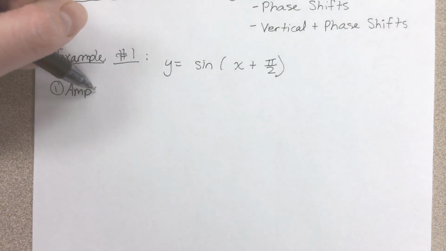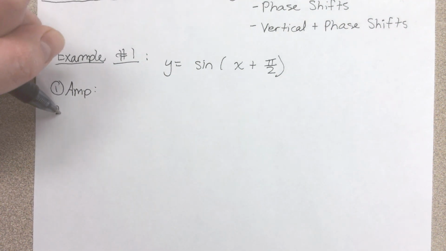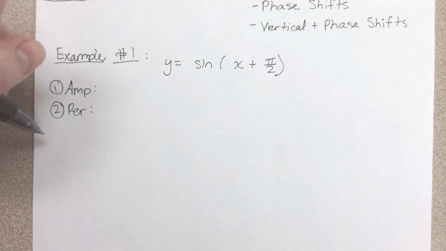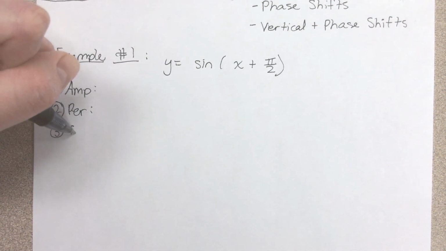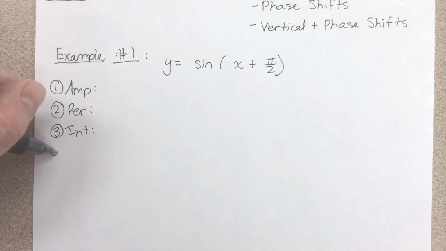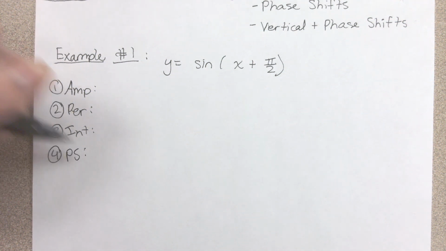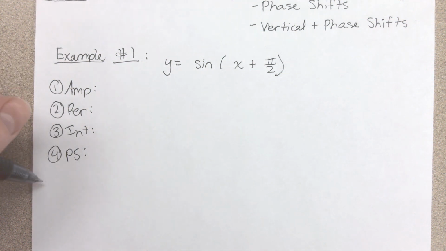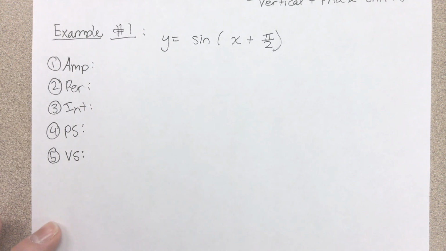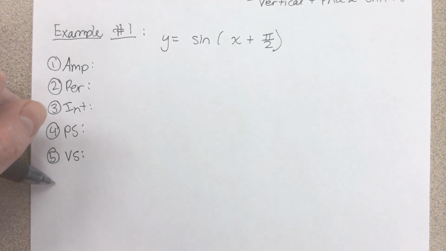Amplitude, I just do amp for short. Period, I just do per. Interval, int for short. Phase shift and vertical shift, we'll literally just say PS and VS. And again, for practice, domain and range.